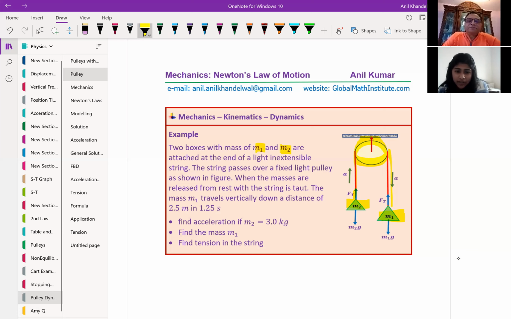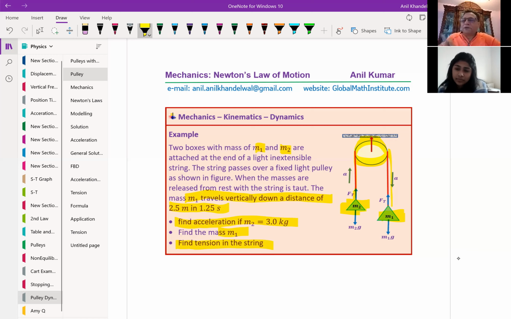The mass M1 travels vertically down a distance of 2.5 meters in 1.25 seconds. Find the acceleration, find the mass M1 if M2 equals 3 kg, and find the tension in the string. So that's your question, which we are going to discuss.